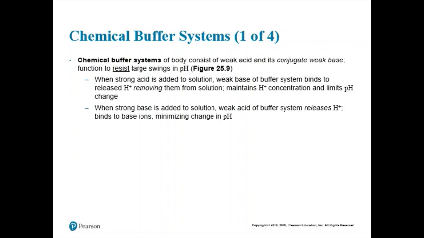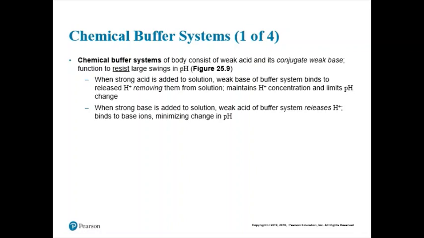How? If you were to drop a buffer in a strong acid, it will act like a base to neutralize the acid. Remember, those hydroxyl groups from the base will bind the hydrogen ions from the acid to form water. So if you drop a buffer in a strong acid, it will act like a base to neutralize the acid and form some water. And something similar for a strong base.